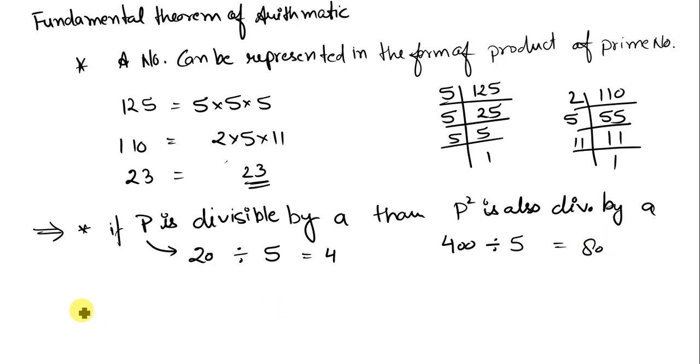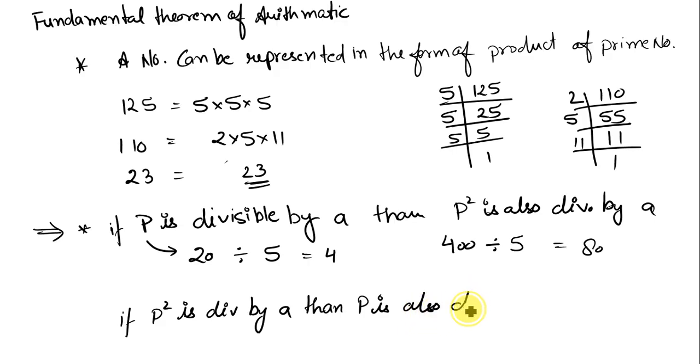So now by this we can say, now we will be moving to the actual fundamental theorem of arithmetic, and that is if p square is divisible by a, then p is also divisible by a.